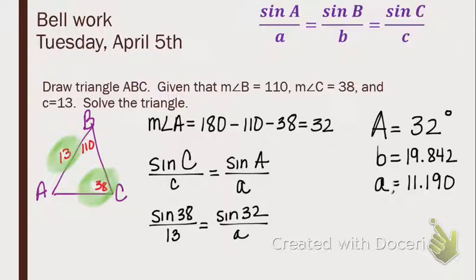And when you cross multiply it, you should have that A equals 13 times the sine of 32 divided by the sine of 38. If you type that in your calculator just the way I have it, you should get 11.190.